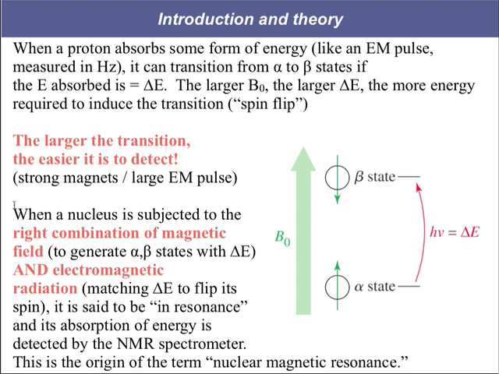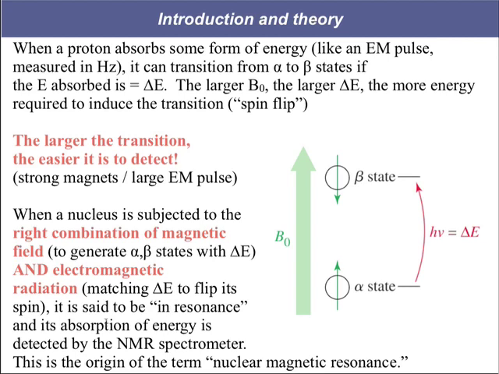So when a nucleus is subjected to the correct combination of magnetic field to generate the two states with a delta E and electromagnetic radiation that matches the delta E in order to flip the spin, the nucleus is said to be in resonance, and the absorption of energy can be detected by the spectrometer.